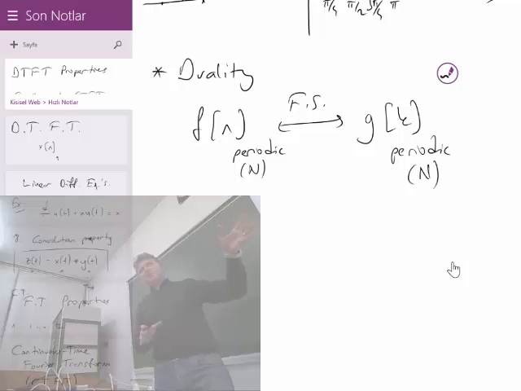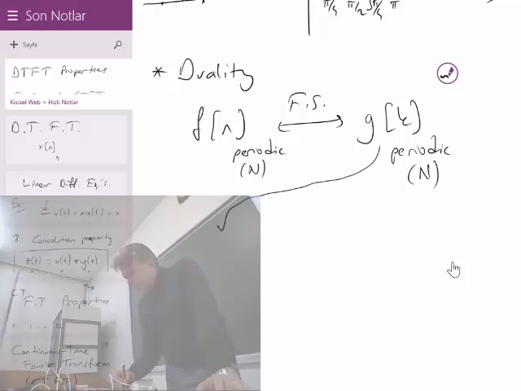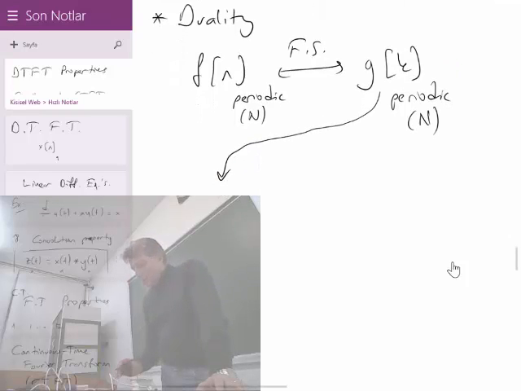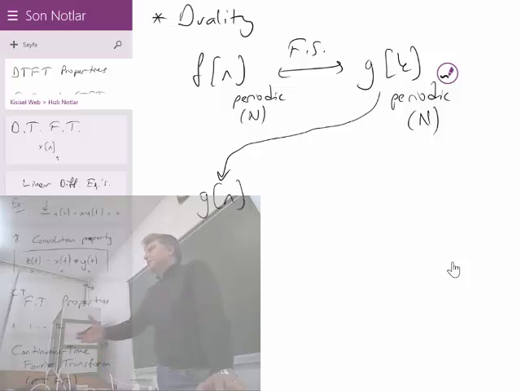It's not the discrete time Fourier transform, because for the discrete time Fourier transform we don't really have the duality property that we can think of. Now let's take these Fourier series coefficients G of k and make them like a periodic time signal G of n. Just let the axis be not a k axis but an n axis.